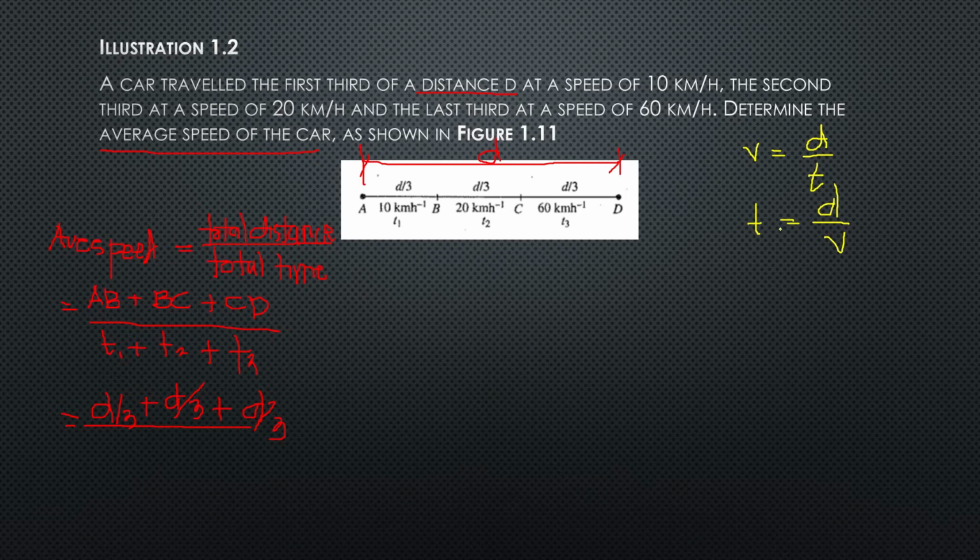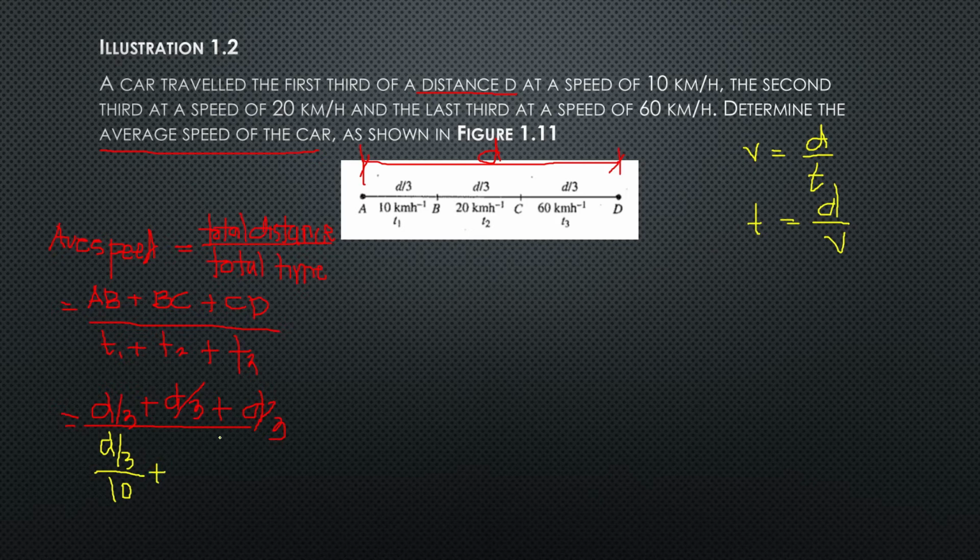Speed for T1 is AB all over 10, so time 1 will be D all over 3 all over 10 kilometers per hour. So that is T1. Then plus T2.